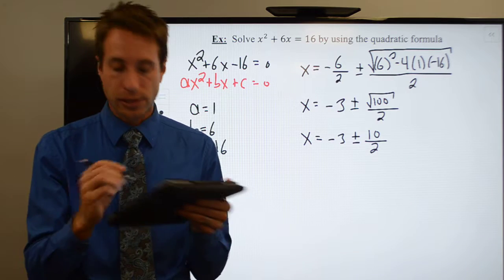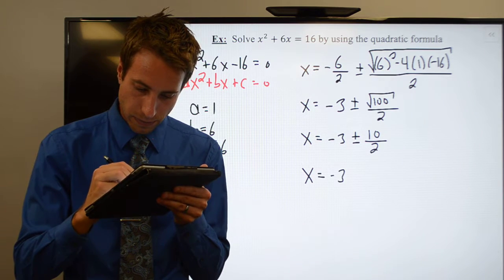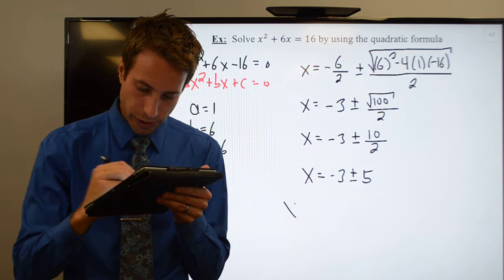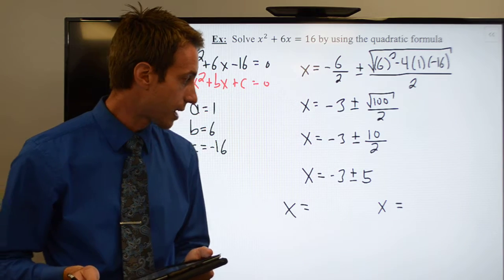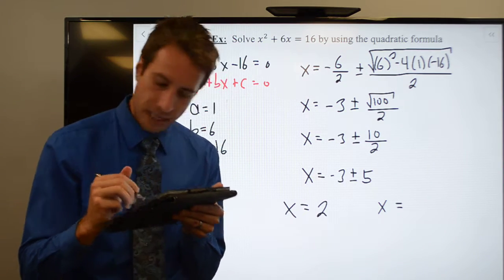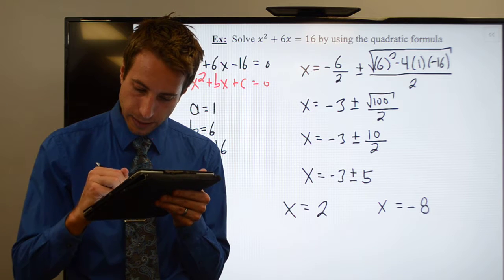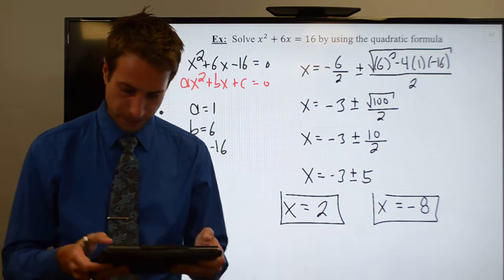And 10 divided by 2 is 5. So we get two answers, which you will always get two answers when it's quadratic. Negative 3 plus 5, which is going to be a positive 2, and negative 3 minus 5, which would be a minus 8. Awesome. One more for you.